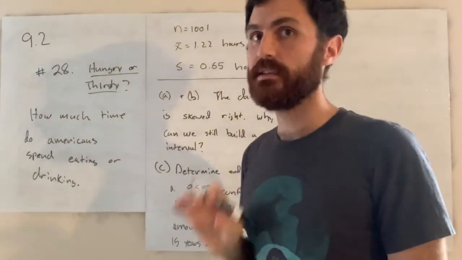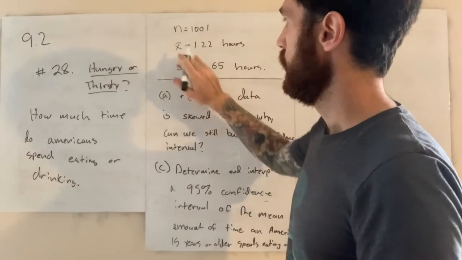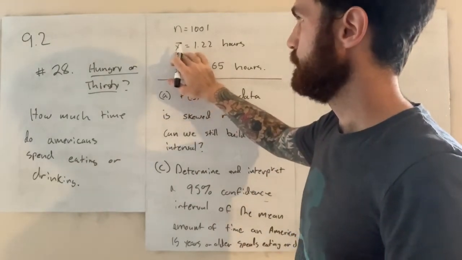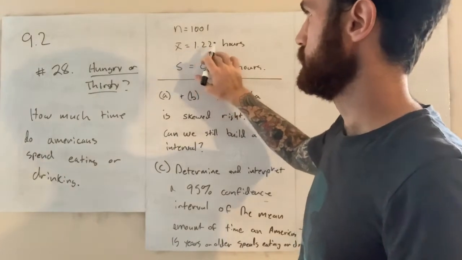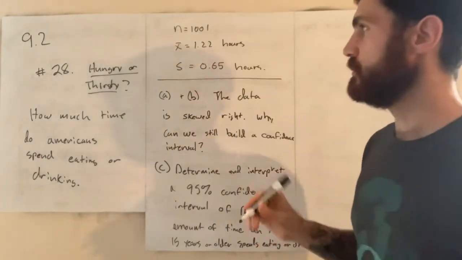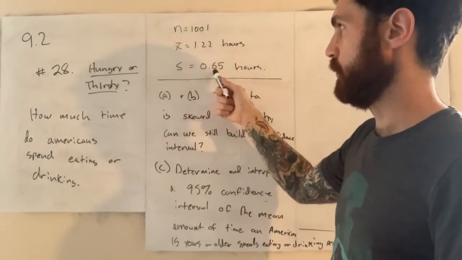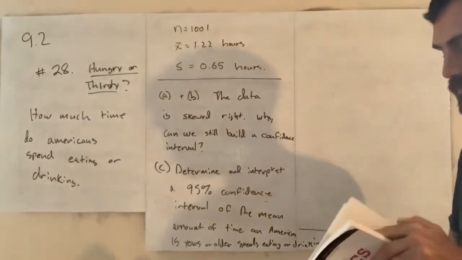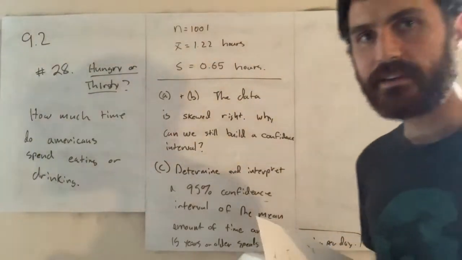The sample size is going to be a lot more important when we're working with t-distributions. The x-bar, or the sample mean, is 1.22 hours. And the sample standard deviation, remember we're using a sample standard deviation, is going to be s, and that's going to be 0.65 hours. And question A and question B kind of ask the same thing.